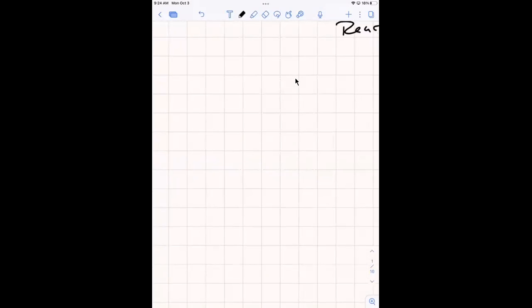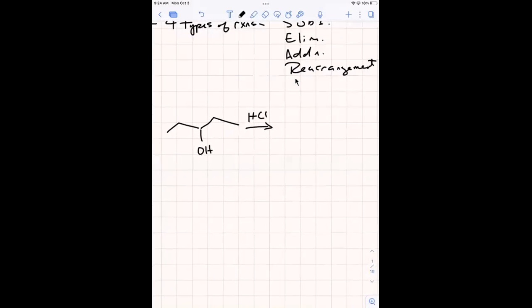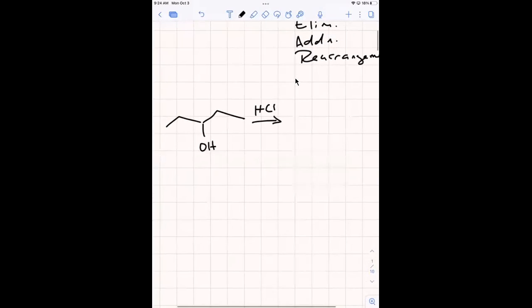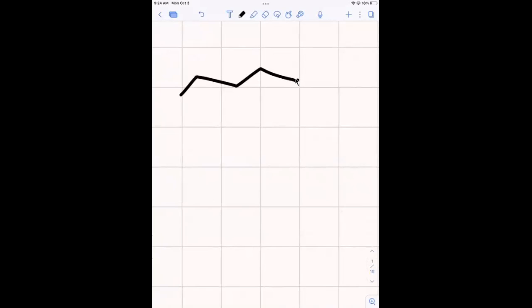Here we had a secondary alcohol, and we treat that alcohol with HCl. That works best for tertiary, but it also works for secondary, just a little bit slower. So if that's the case, we get this.